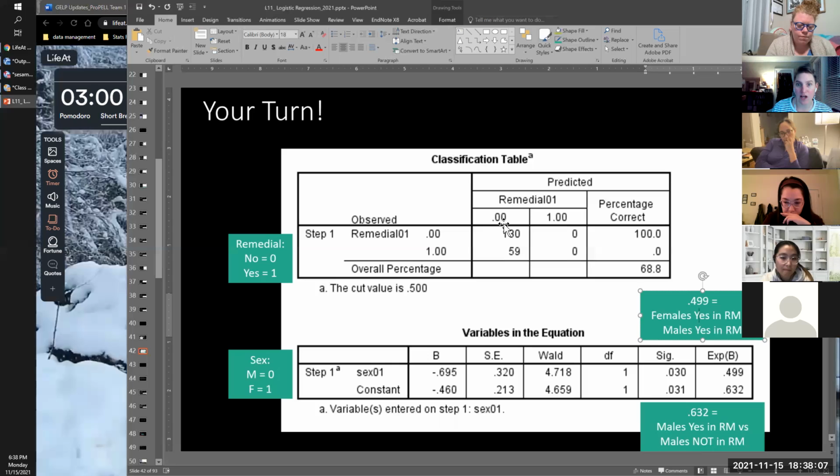So we're going to guess that they're not in remedial math. And because this right here, in our predicted remedial, has 0 and 1, I have everybody here in the 0 category. And nobody has been put in this 1 category. This is empty. So that's telling me that the computer has guessed that every single person is not in this remedial math class. Okay. Nobody is in the class. That's their guess.